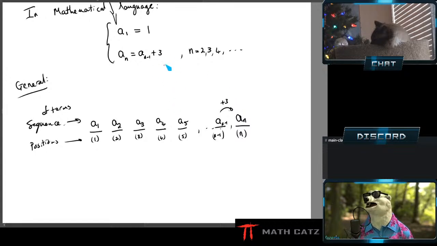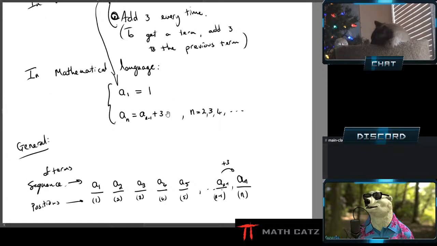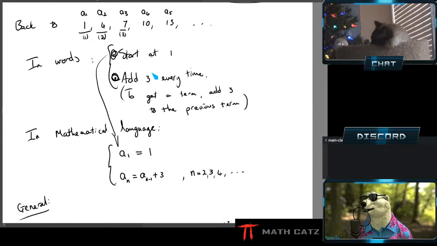So this is my translation of the exact same instructions or observation of the sequence, but I need two things. I need to know where to start, and I need to know how to go from one to the next.